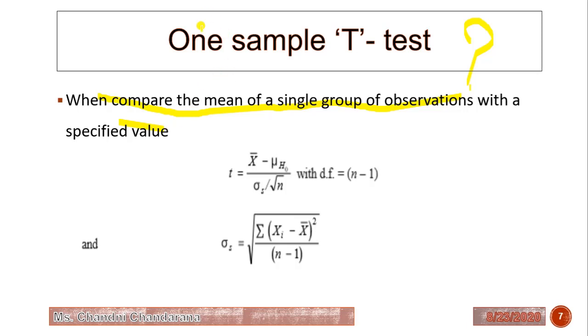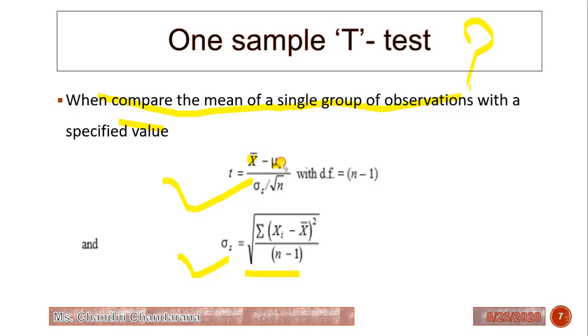This kind of one sample t-test is measured by this formula. Here t is equal to x bar minus mu, divided by s over under root n. And this is the formula to identify s. Now here, what do you mean by x bar? It's the sample mean.